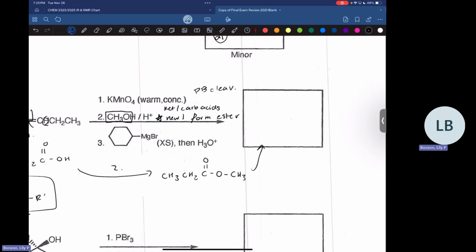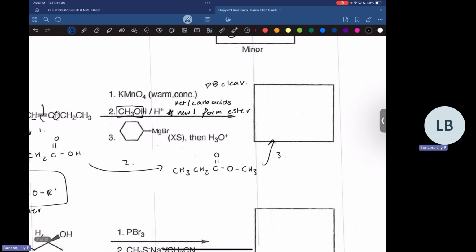Then step 3, we have a Grignard reaction. Whenever we have a Grignard reaction with an ester like this or with an acyl chloride, we're going to add 2 equivalents of the Grignard to the carbonyl, and the ester part or the acyl part gets kicked out, and like normal, our double bonded oxygen will become the alcohol.